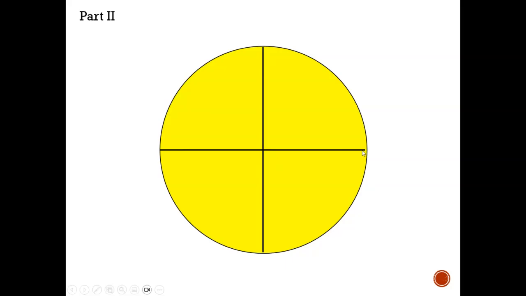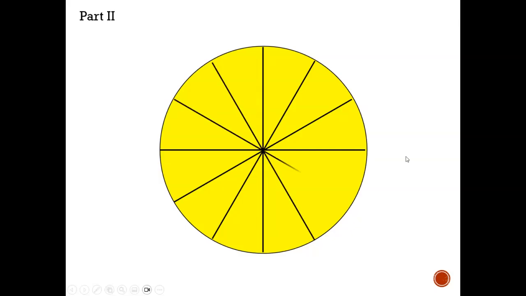So again, we start dividing the unit circle into fourths. But now here we're going to cut it a little bit more, so we're going to end up with 12 equal pieces. We're going to start by labeling our radian measures.